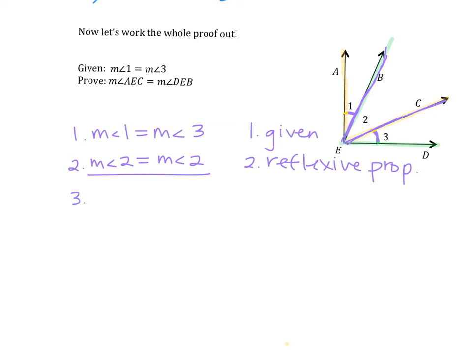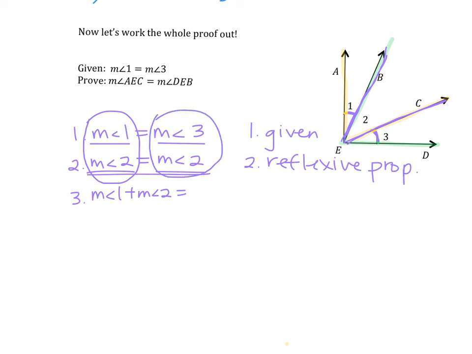So then third step, I'm going to say that if 1 and 3 are equal and 2 and 2 are equal, then we're just going to go like this, right? These two put together, so the measure of angle 1 plus the measure of angle 2 should equal the measure of angle 3 plus the measure of angle 2.